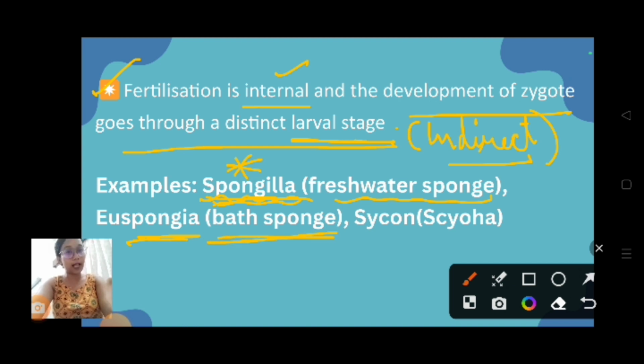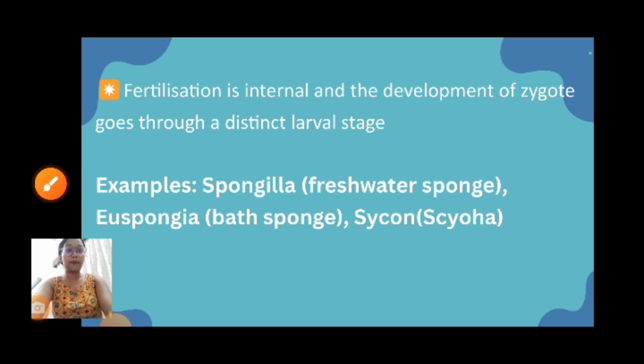Euspongia is your bath sponge. Then you have Scypha, also called Sycon. Just remember, Spongilla is the freshwater sponge and Euspongia is the bath sponge. Is it clear? The three examples you have to remember; these are important.